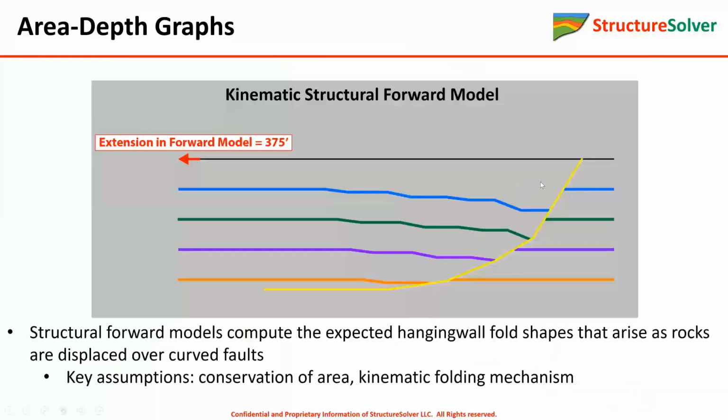So in practice, the way that this is applied is somewhat removed from how people are used to using bed lengths for restoring and estimating displacement. So what we'll do here is just take one more quick look at how we're going to do this. In this case, we're looking at an extensional forward model that was created in StructureSolver.